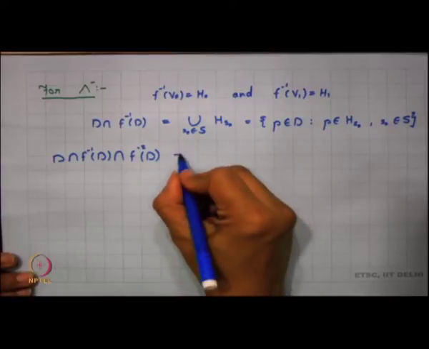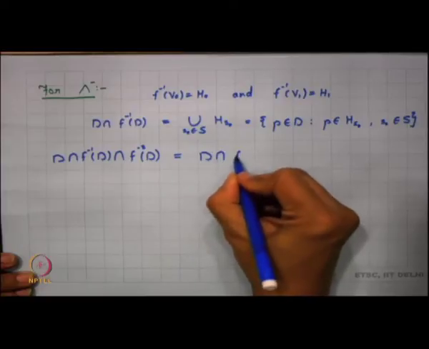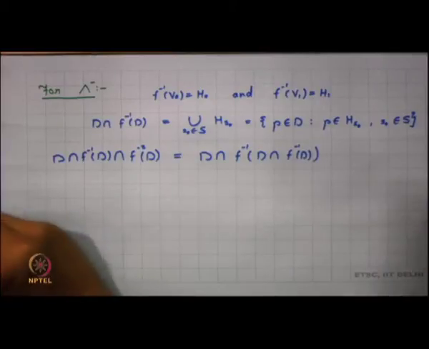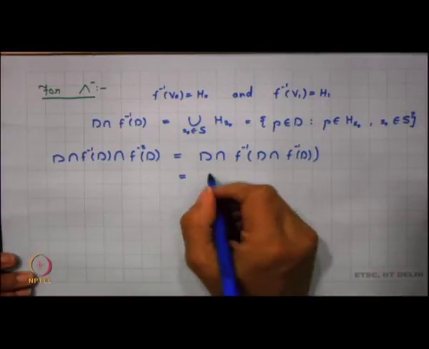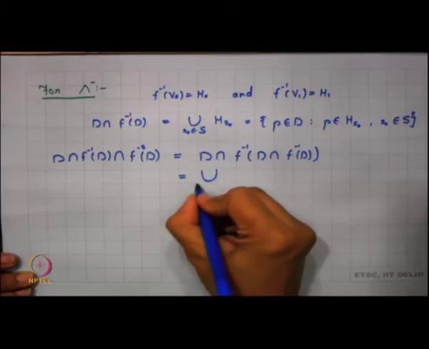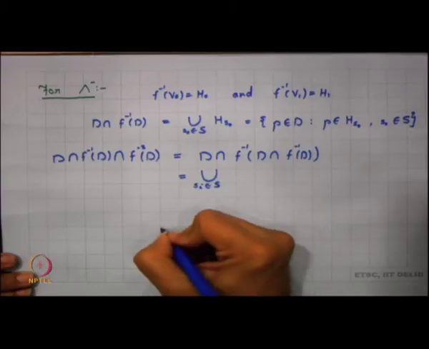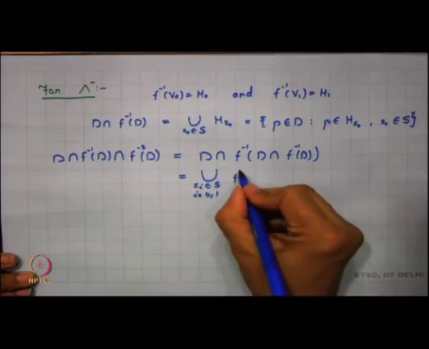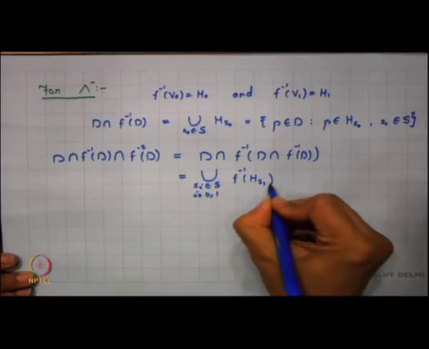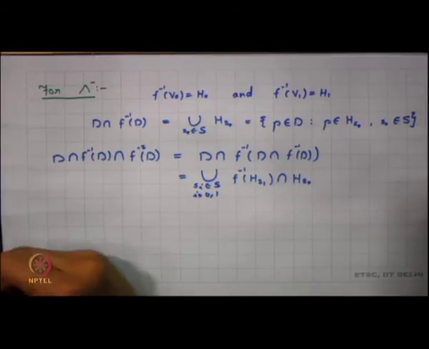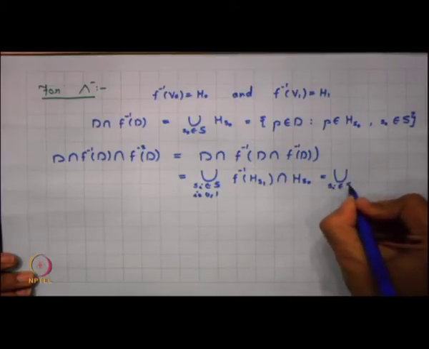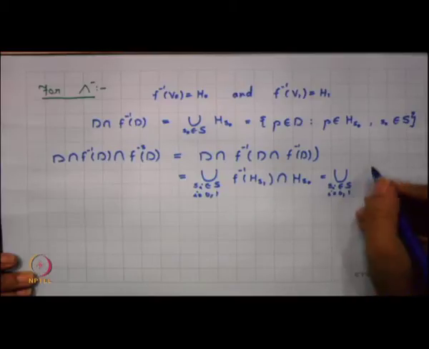If we look into this part, this is D intersection F inverse of D intersection F inverse D, which is the union over S i belonging to S, where i varies over 0 and 1, of F inverse of H S1 intersection H S0, which I can write as H S0 S1.